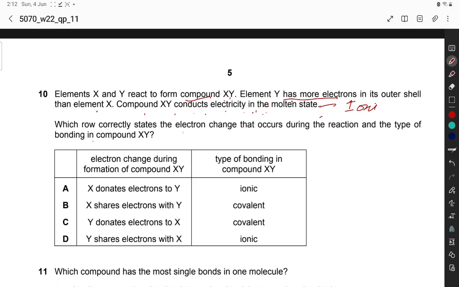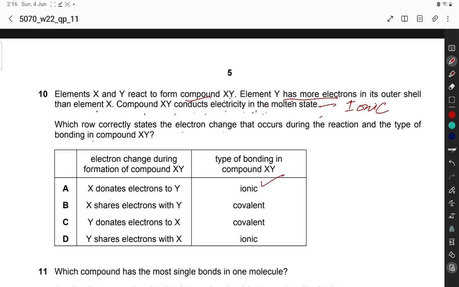Which row correctly states the electron change that occurs during the reaction and the type of bonding in compound XY?